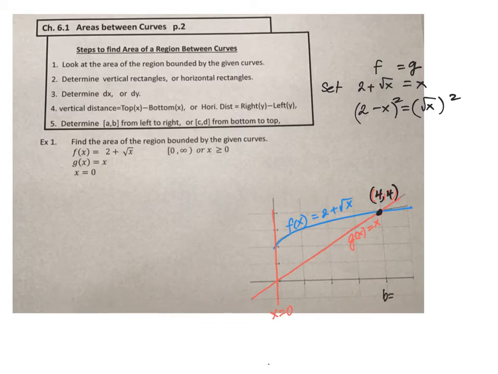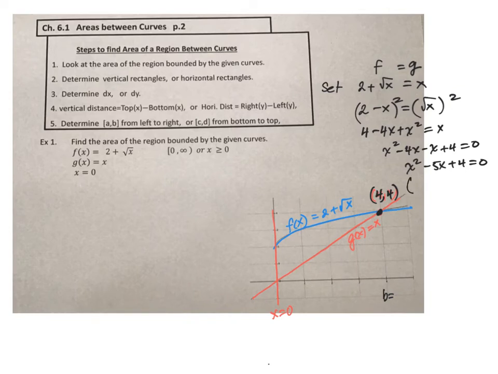So we're going to square both sides. x squared minus 4x plus 4 equals x. So we have x squared minus 4x minus x plus 4 equal to 0. So x squared minus 5x plus 4 equal to 0.